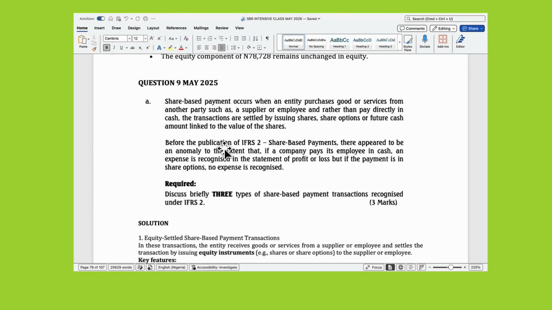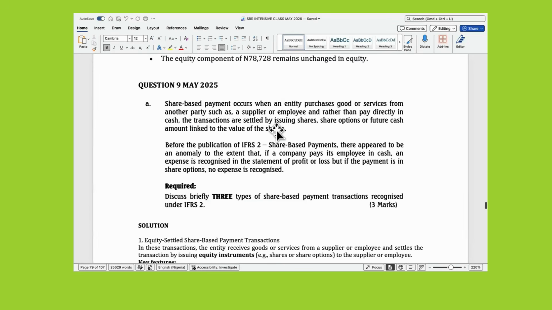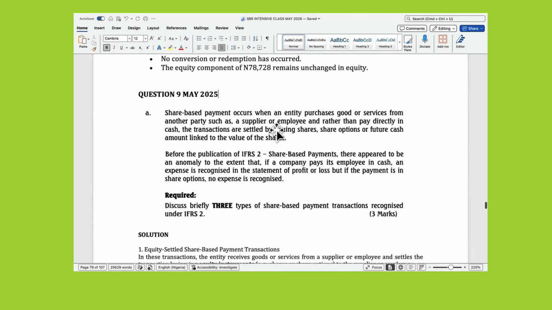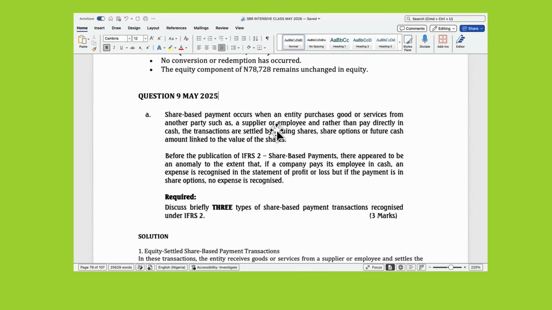Before the publication of IFRS 2, share-based payments appeared to be an anomaly, to the extent that if a company pays its employee in cash, an expense is recognized in the statement of profit or loss. But if the payment is in share options, no expense is recognized.